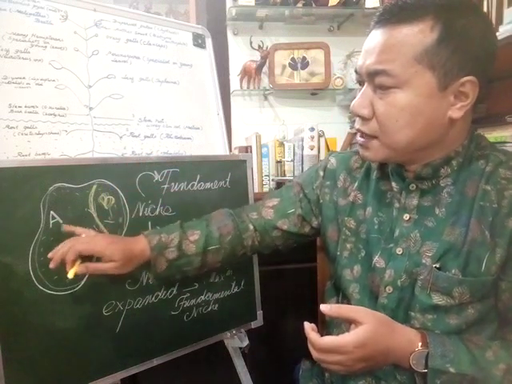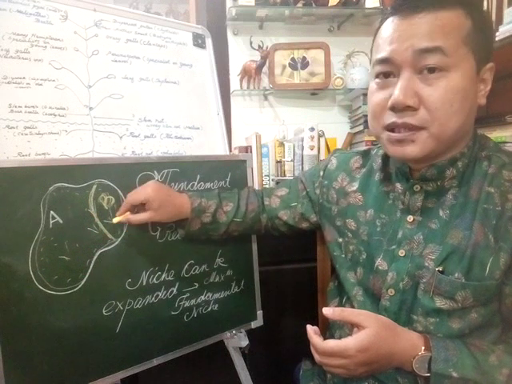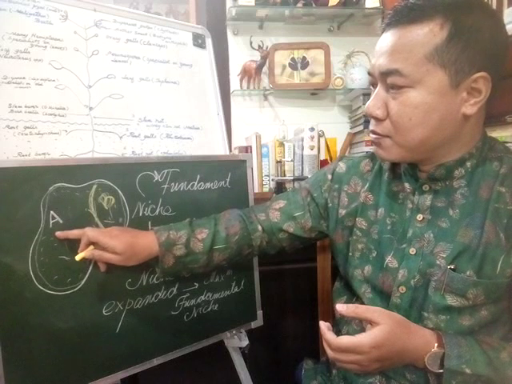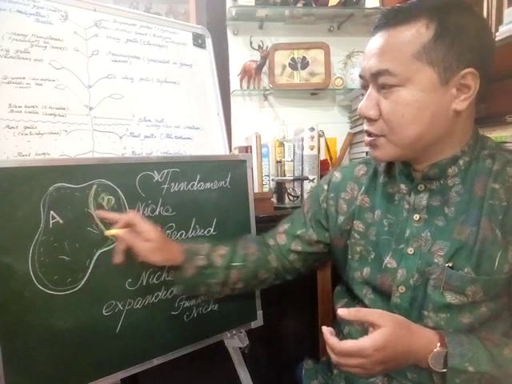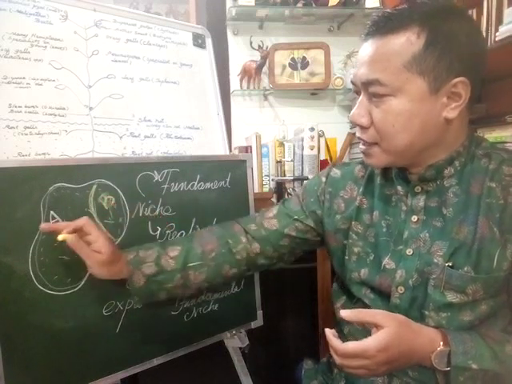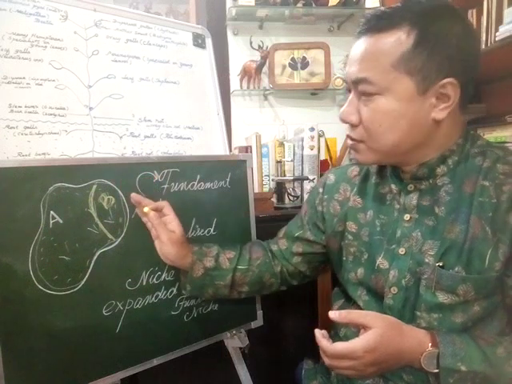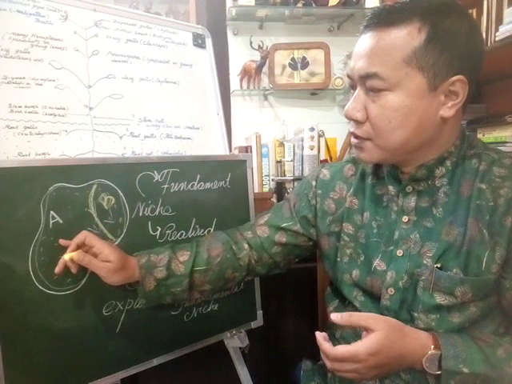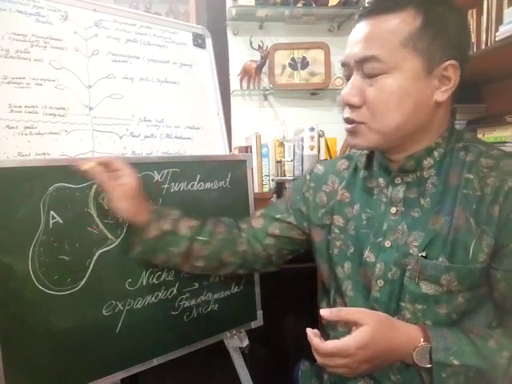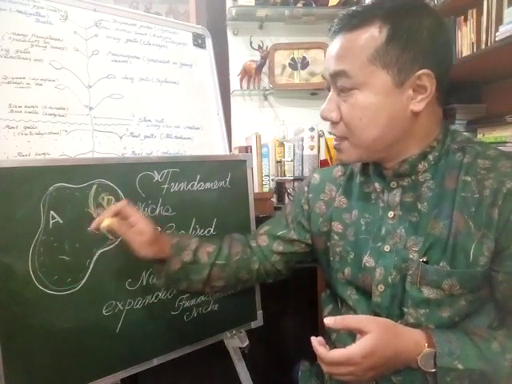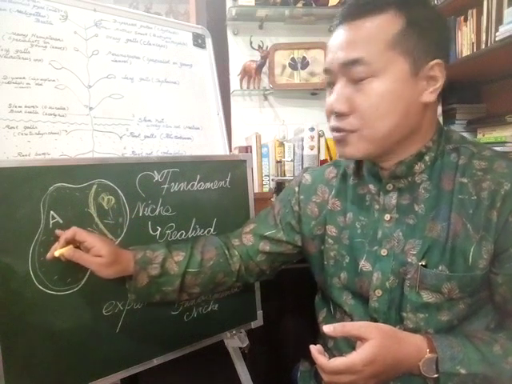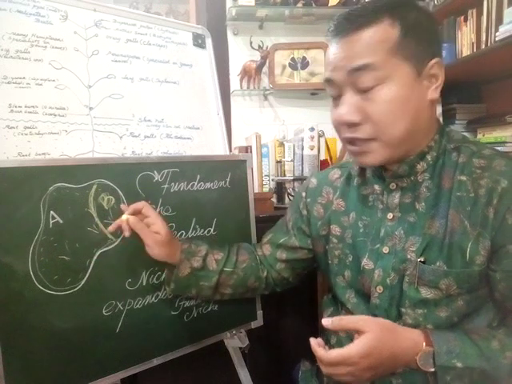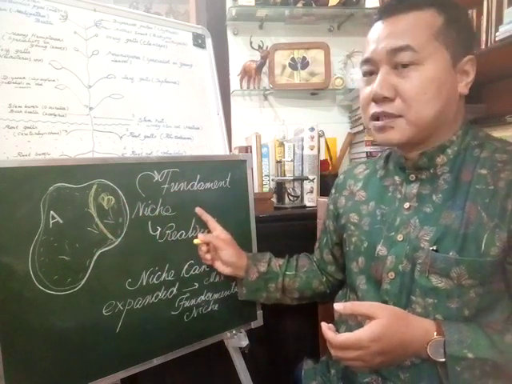So when a particular competitor comes into an ecosystem, the size of the niche that A occupied is now reduced. This area is not available, but when B is not there, A can come and occupy here. So the whole of this particular range that A can exploit, the whole of this dimension of the niche that B can enjoy when there is no A, and A can enjoy when there is no B, is called the fundamental niche.